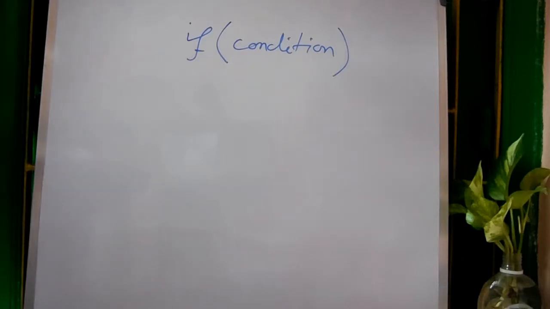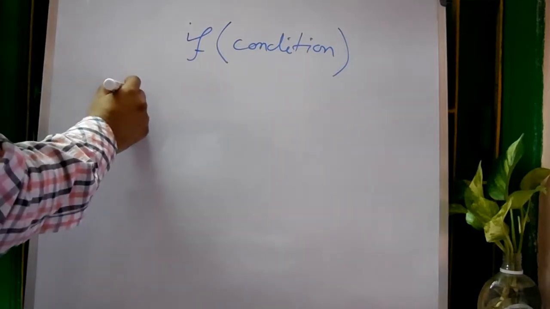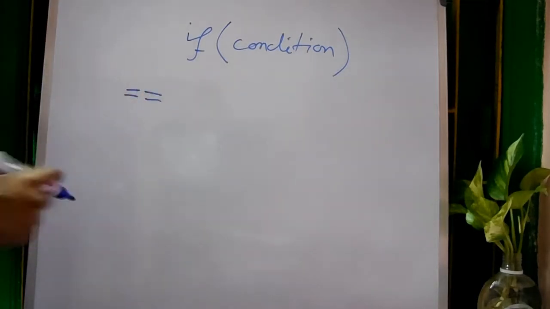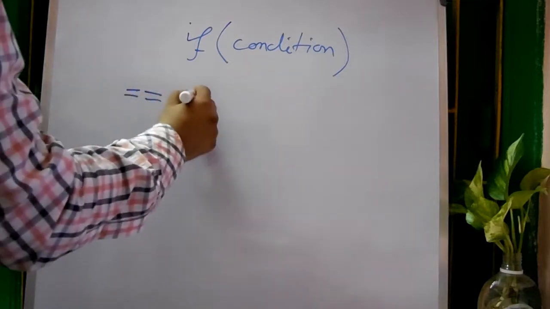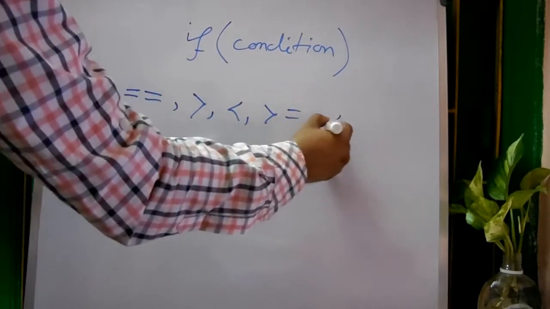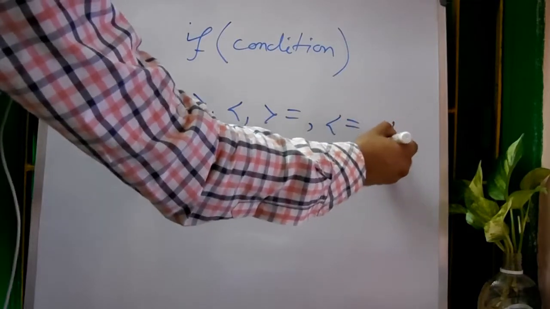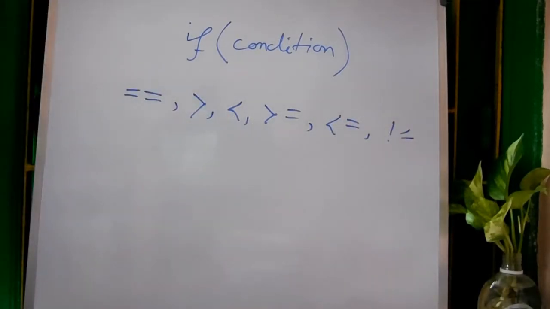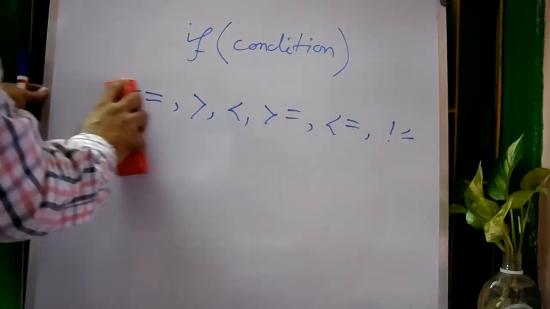What are the relational operators? Equal to (double equal), greater than, less than, greater than or equal to, less than or equal to, and not equal to. We use these relational operators to construct a condition. Remember it.